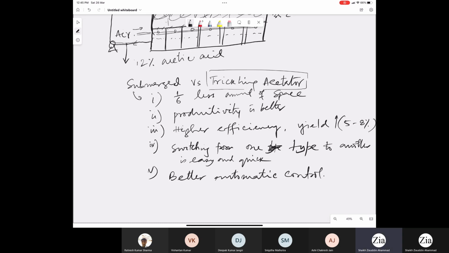So when you use wine or spoiled wine, or even if you try to produce cider vinegar, from different fruit juice, then nutrients are already present in this system. Wine as well as cider will have nutrients.